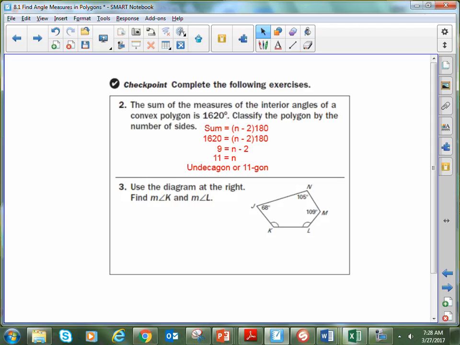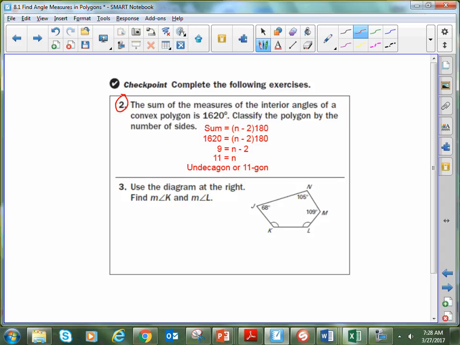Now, one quick thing before I move on to problem 3. Oftentimes, you'll see a problem like number 2, and instead of asking how many sides there are, it might ask you, could you have a polygon that has this sum in it?